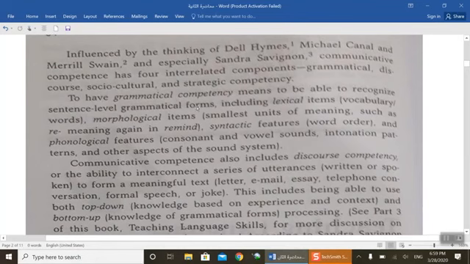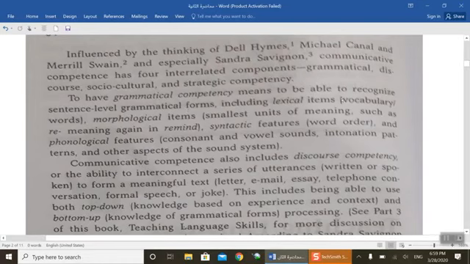What do we mean by grammatical competency? How can I have grammatical competency in order to be able to speak English? It's very clear from the word grammatical.